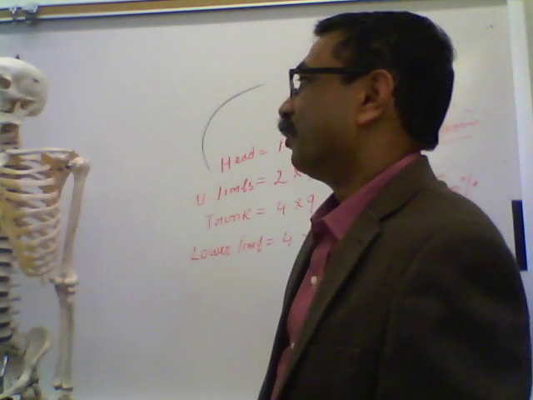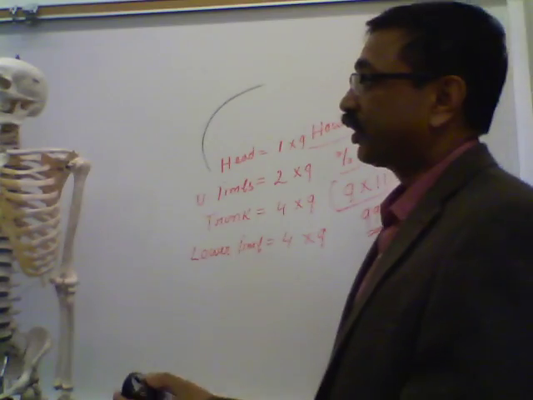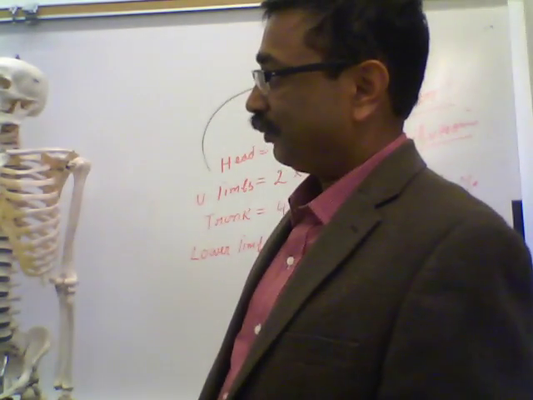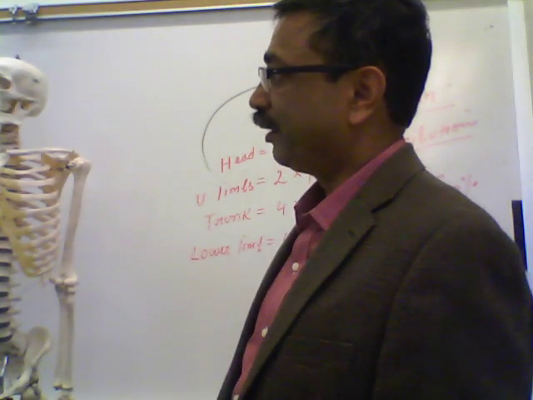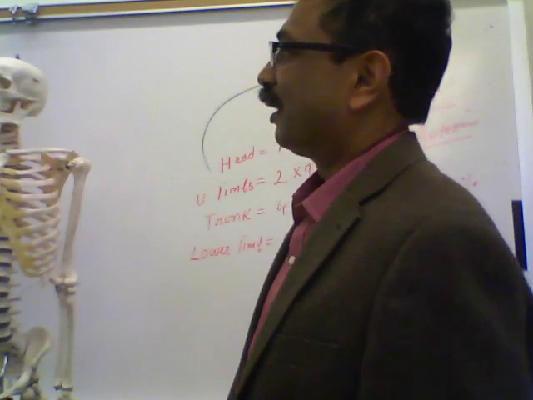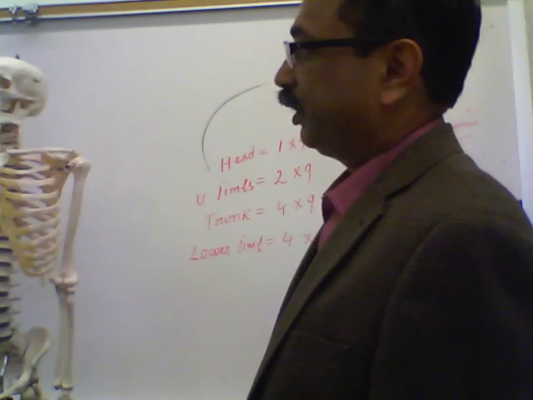Now, there is a part of the nail that we don't see. Which part don't we see? Behind the lunula, the part that enters into the finger, and that part is called the nail root.